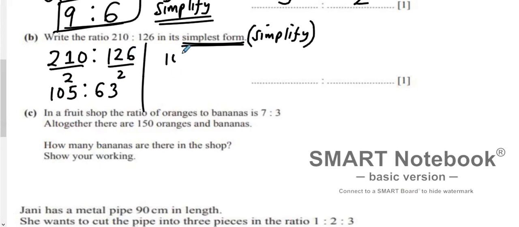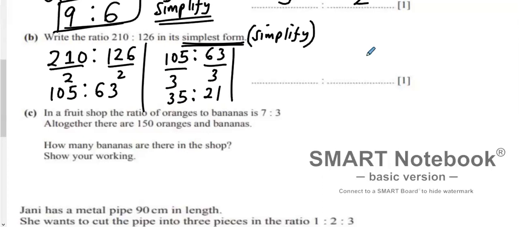You have 105 ratio 63. Think of the number which divides both 105 and 63. That number is 3, so divide by 3 throughout. 105 divided by 3 gives 35, and 63 divided by 3 gives 21.